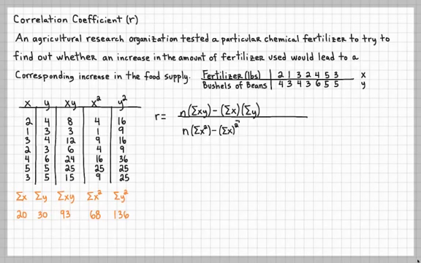Now all this is going to be in one operation, so I'm going to put brackets on it. And then another bracket: n times the sum of Y squared, and I'm going to subtract the sum of Y, squared. And we're going to close the bracket, and take the square root of it.